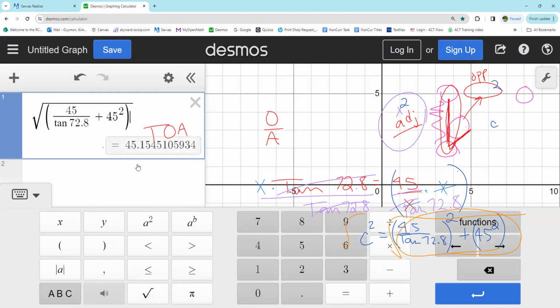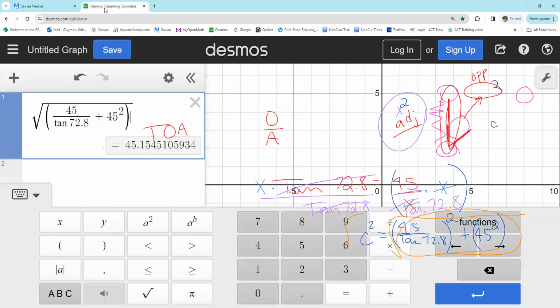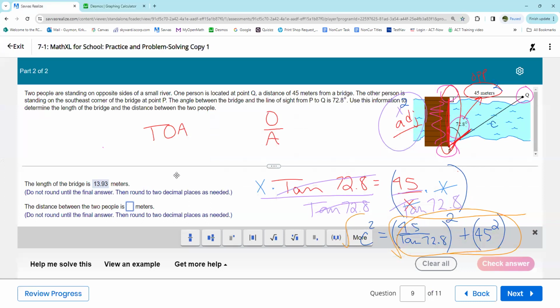There we go. So now we round at the very end, and what did it say to round to? It said we're going to round to 2 decimal places in the end. So 45.15, because that 4 right there isn't a 5 or better to round the 5 up. So 45.15, let's see how we did.